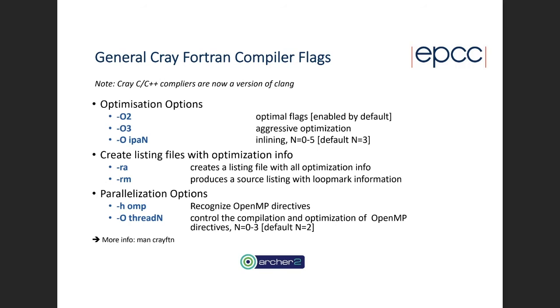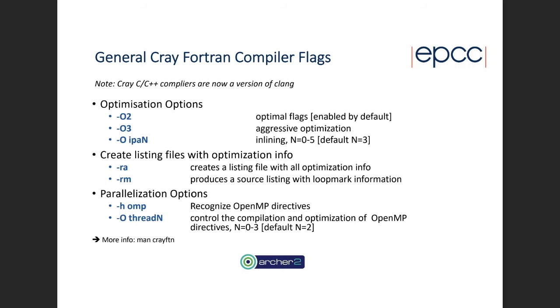They're effectively a version of Clang, so they take all the normal flags for Clang. The Cray Fortran compiler, on the other hand, is still Cray's proprietary product.